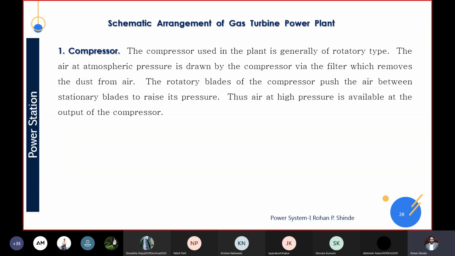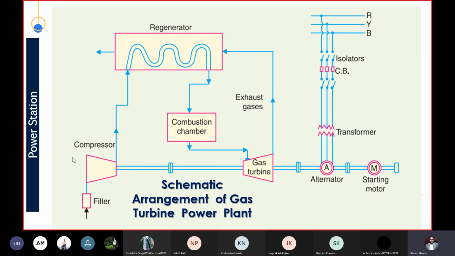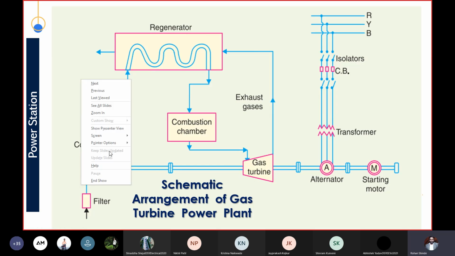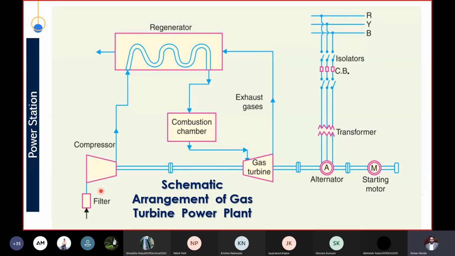The air at atmospheric pressure is drawn by the compressor via a filter. In this figure, a filter is there. Because the compressor has to absorb air from the atmosphere, and that air will contain some moisture and some gases, we have to remove this moisture and dust.